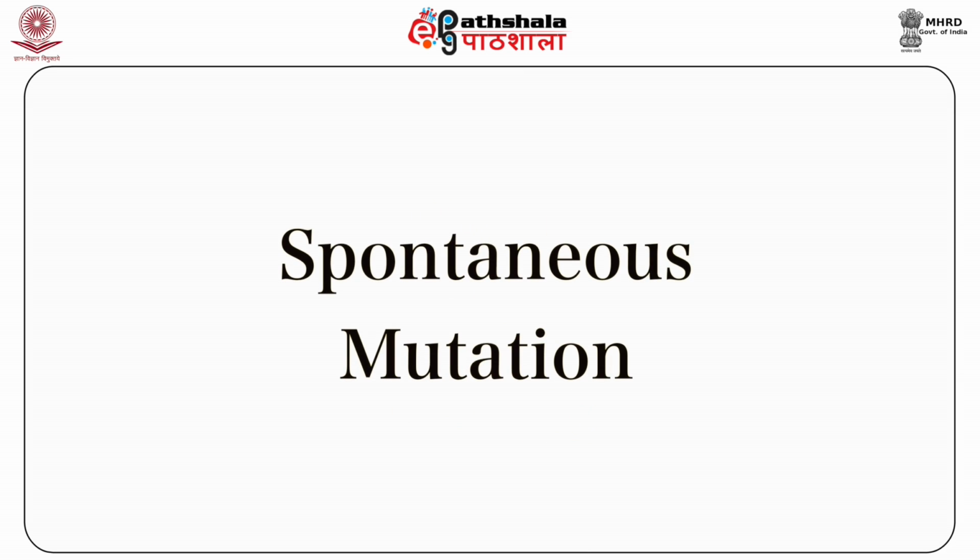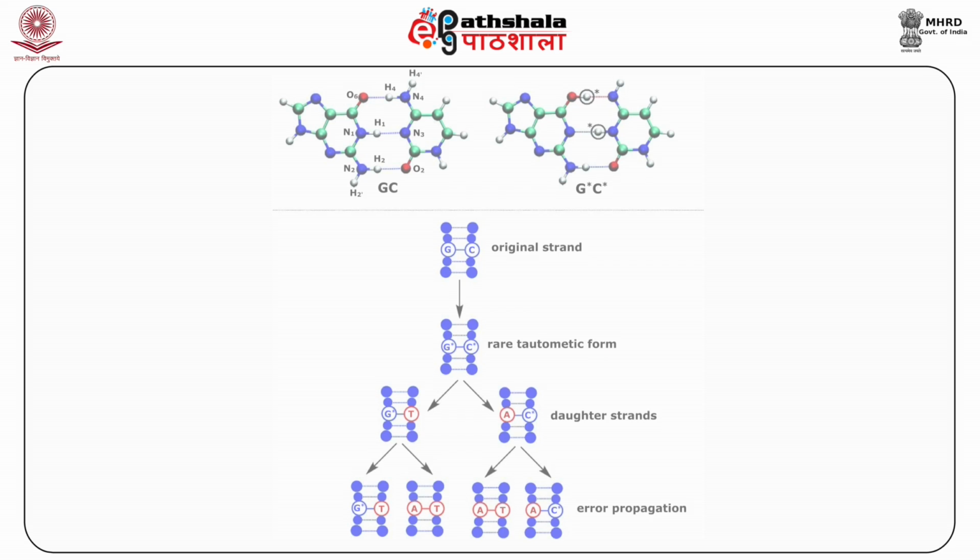First is spontaneous mutation. Spontaneous mutation on the molecular level can be caused by, first, tautomerism. A base is changed by the repositioning of a hydrogen atom, altering the hydrogen bonding pattern of that base, resulting in incorrect base pairing during replication.